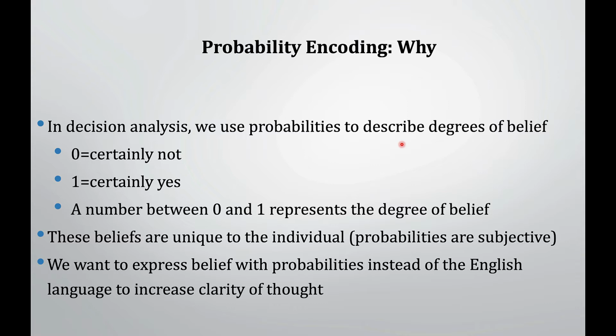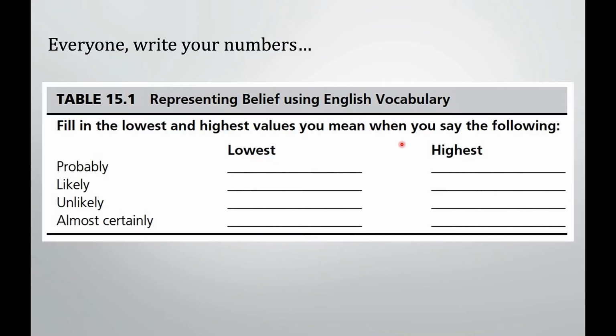The thing is, when we express beliefs, we would ideally want to do it by assigning probabilities. We would not want to do that by using some English language. The purpose is to increase the clarity of thought by assigning probabilities rather than using English language. When I say English language, I was thinking of words that we use in our everyday life to express our beliefs about the likelihood of an event happening.